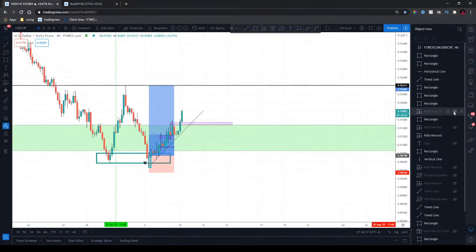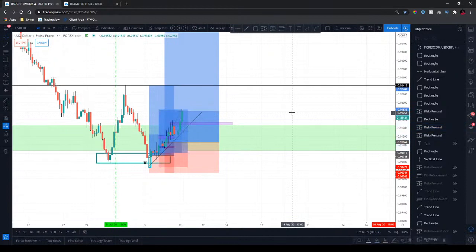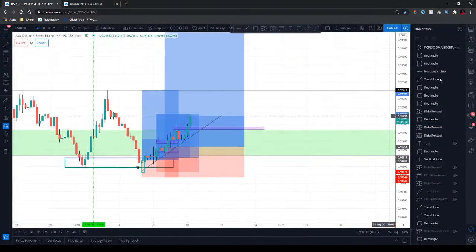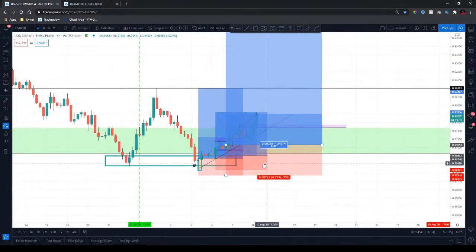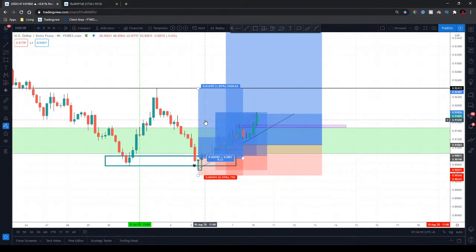Object tree. And also type in the chat if you actually caught this with me. All right, so USDCHF, those are pretty much all our entries.